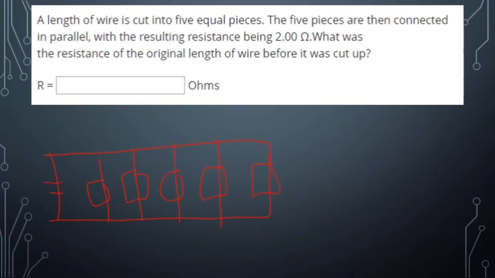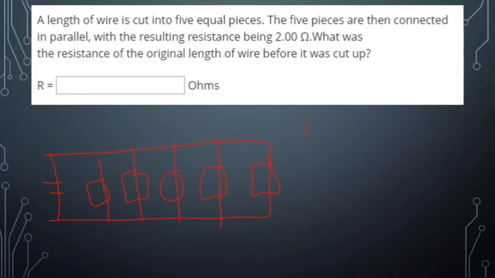And then we have our power source here. The resulting resistance is 2 ohms. What is the resistance of the original length of wire before it was cut up?